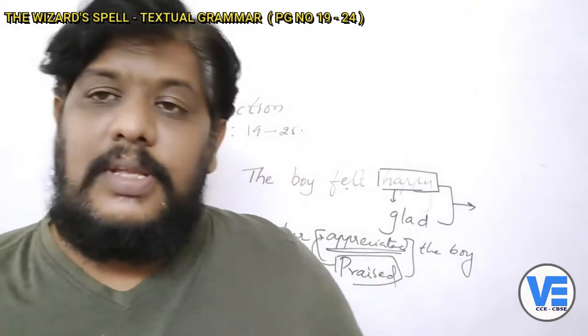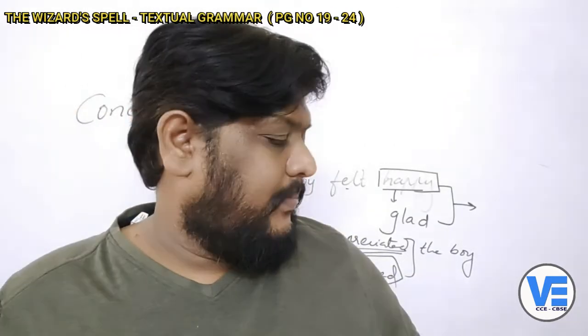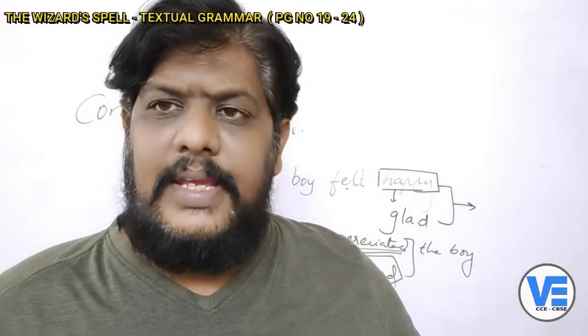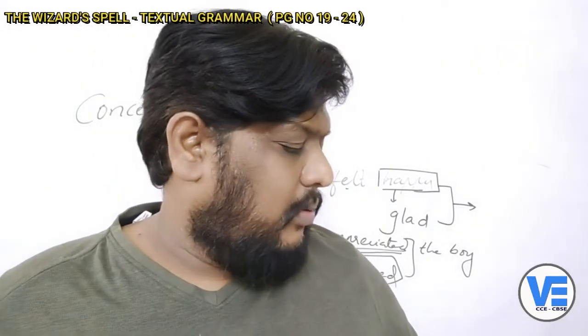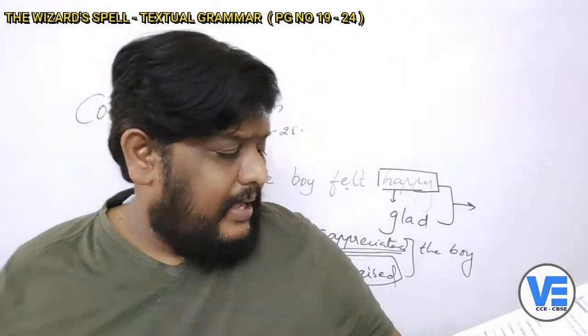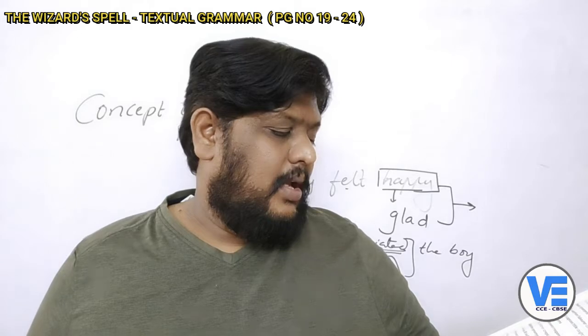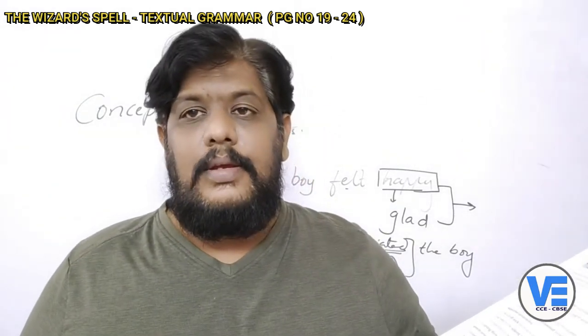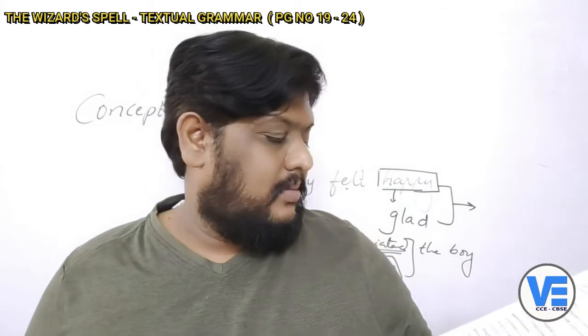Now coming to the adverb synonyms. She joyfully jumped up and down. Joyfully is an adverb, right? So now instead of joyfully, we can use happily. He carefully, attentively listened to her point of view. Carefully, attentively. Both are synonyms.